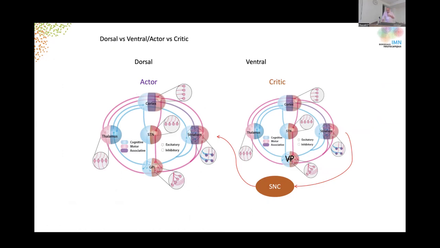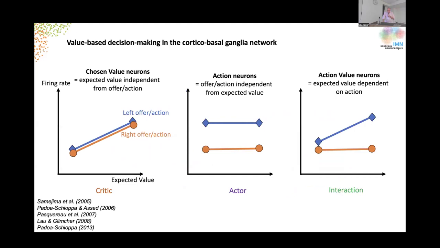So to do that, we performed electrophysiological studies to look at the response of the neurons of the basal ganglia. And we will try to identify three types of neurons that will help us to understand in which kind of process they are involved.